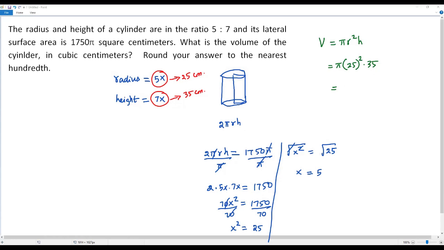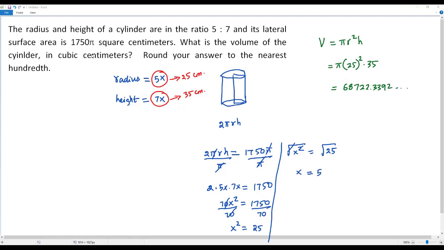Okay, so 25 times 25 is 625, times 35 is 21,875, and it has to be multiplied by pi. When I do so, I am getting 68,722.339 and it keeps going. So it's a long number.